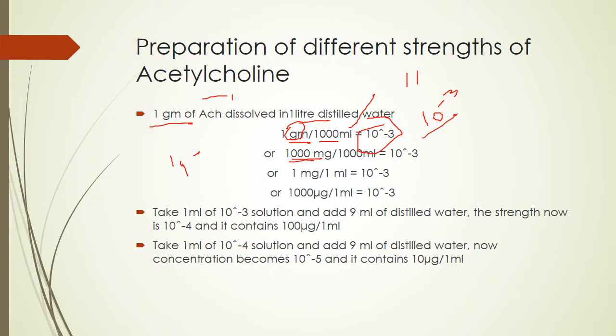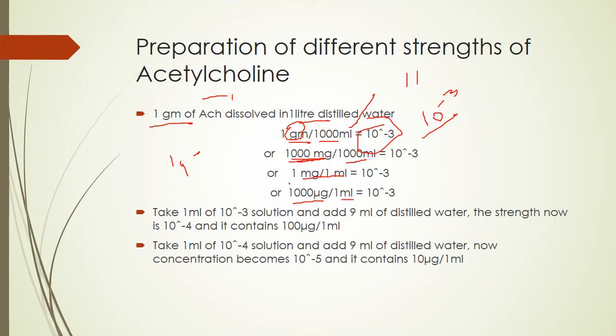So 1000 milligrams in 1000 ml, or simply 1 milligram per 1 ml. So 1 ml of water contains 1 milligram of acetylcholine, or further, we can say this is 1000 micrograms in 1 ml, that is 10 raised to the power minus 3.